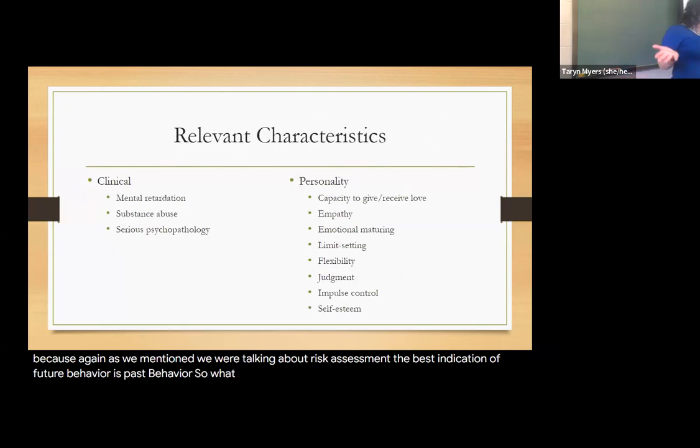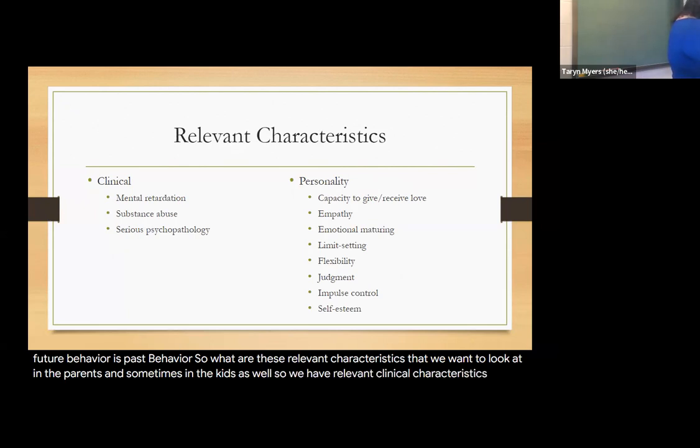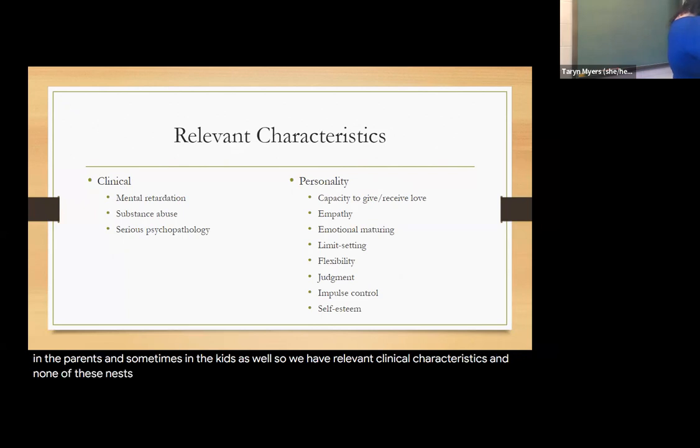So what are these relevant characteristics that we want to look at in the parents and sometimes in the kids as well? So we have relevant clinical characteristics, and none of these necessarily preclude custody. They're just all things you want to keep in mind. And these relate to providing for this child's specific needs.